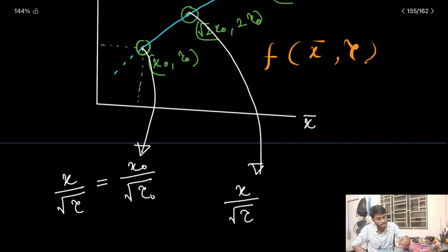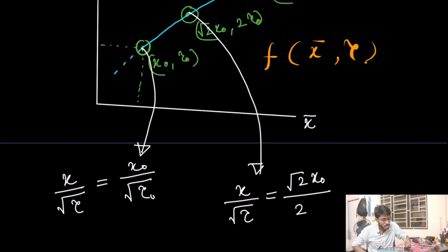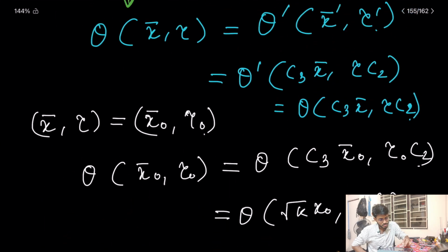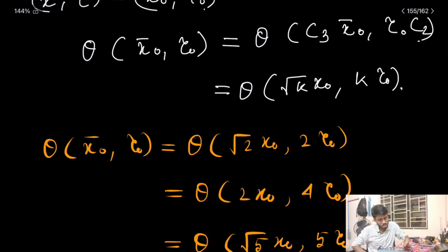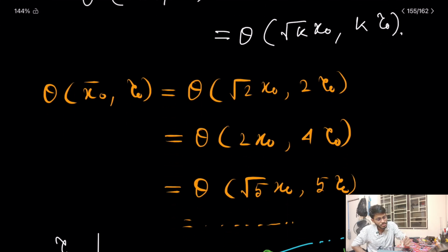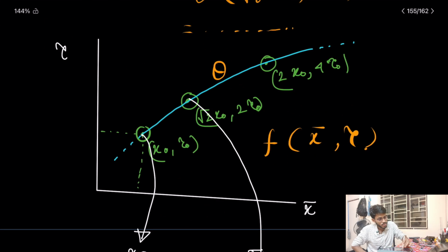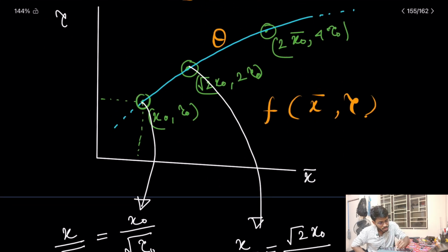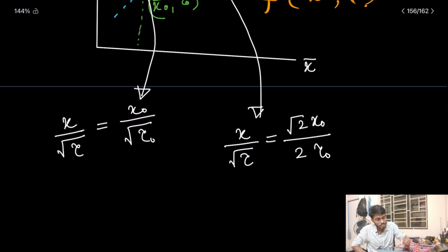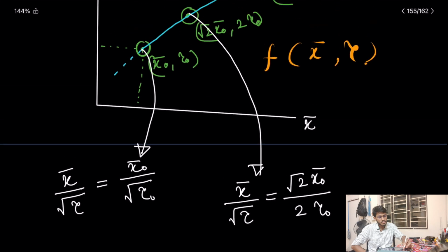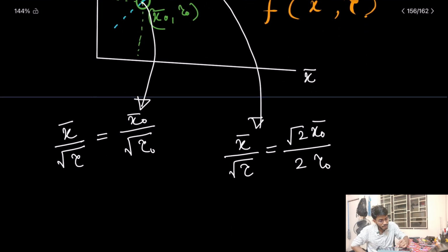So we can see that here at this point if I find x by root tau, it is coming as root 2 x naught by root 2 tau naught. Okay, all this should be x bar naught. These things I think you can forgive me. But you see, x bar by root tau, so I have to put a root here, that equals x bar naught by root tau naught.